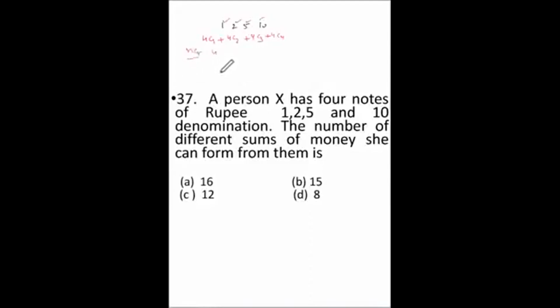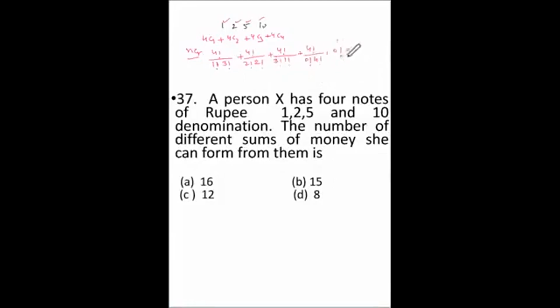This is 4 factorial over 1 factorial 3 factorial, plus 4 factorial over 2 factorial 2 factorial, plus 4 factorial over 3 factorial 1 factorial, plus 4 factorial over 0 factorial 4 factorial, and 0 factorial is equal to 1.